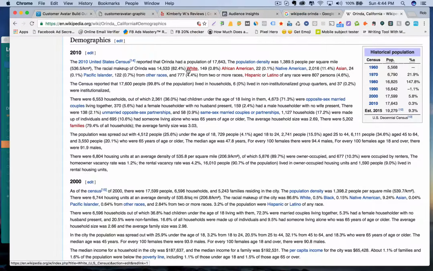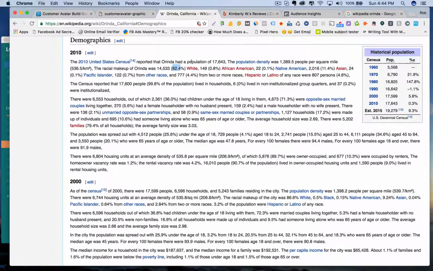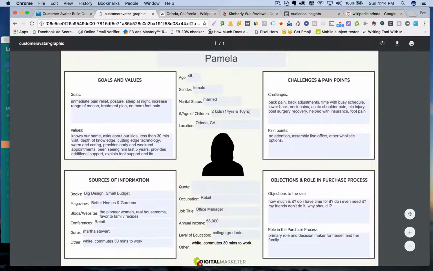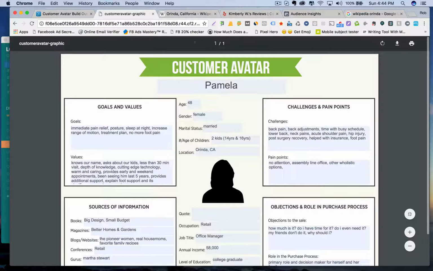So race or makeup is white, the most. Okay, let's move that over. What else are we looking for? Gender. Oh yeah, I chose female because that's what I'm working on for this avatar.